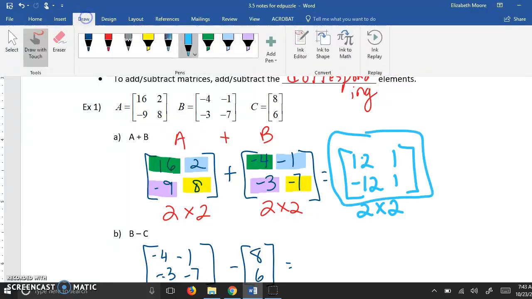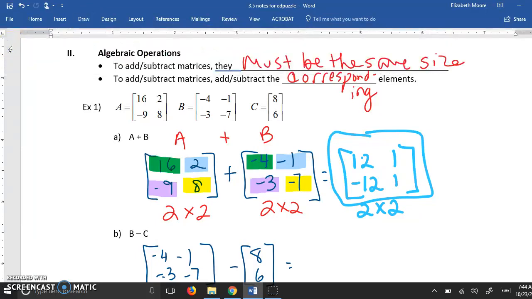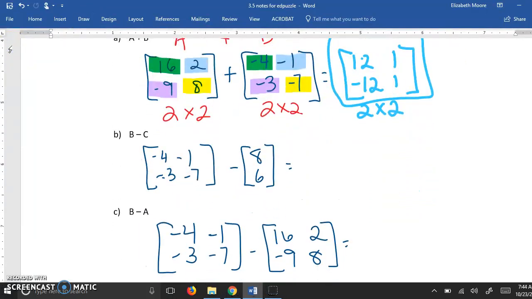Let's take a look at example B. We have matrix B minus matrix C. So first thing that we want to do is see the size of these matrices. This is a 2 by 2 matrix, and this is a 2 by 1 matrix. So because we're trying to subtract a 2 by 2 matrix and a 2 by 1 matrix, this is not going to be possible because they are not the same size.